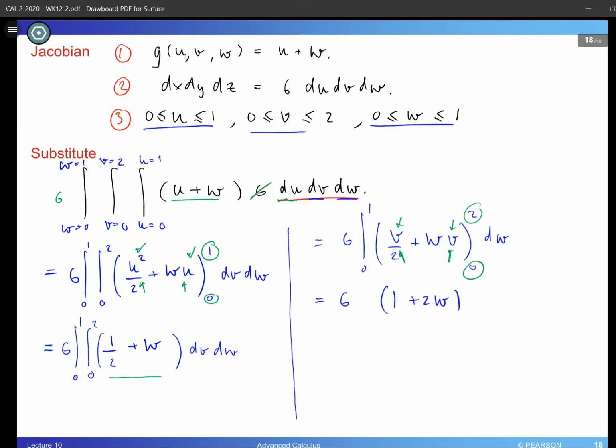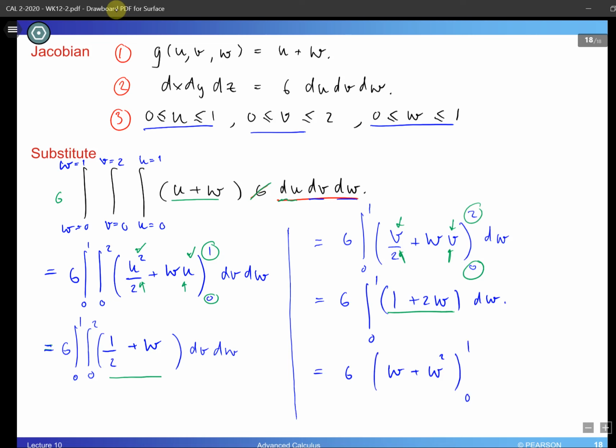We are supposed to integrate this with respect to w, from 0 to 1. With 6 still outside, integrating gives us w plus w squared, from 0 to 1.